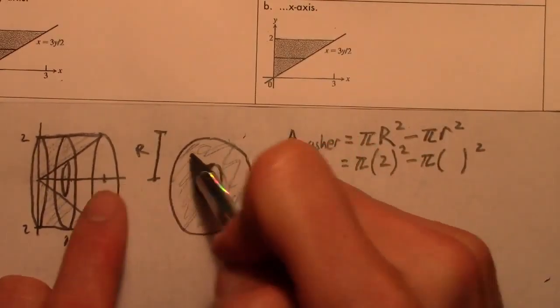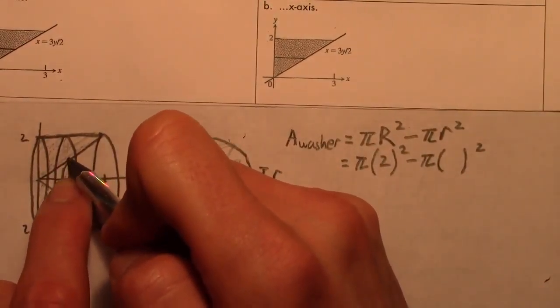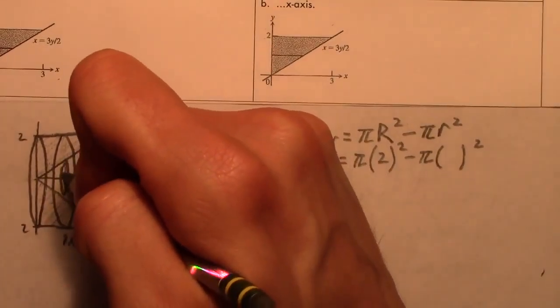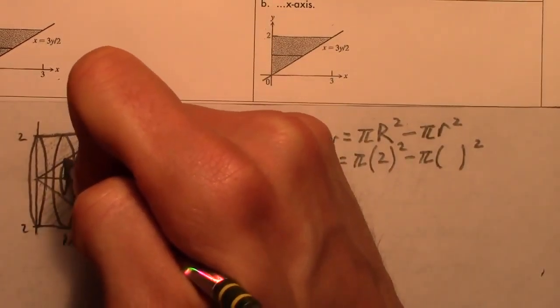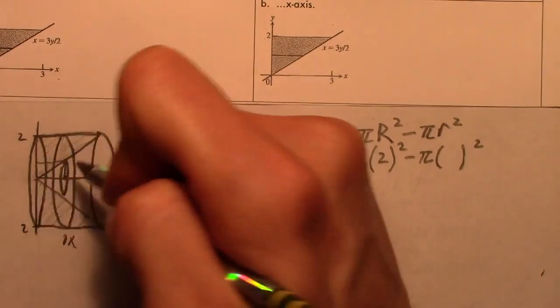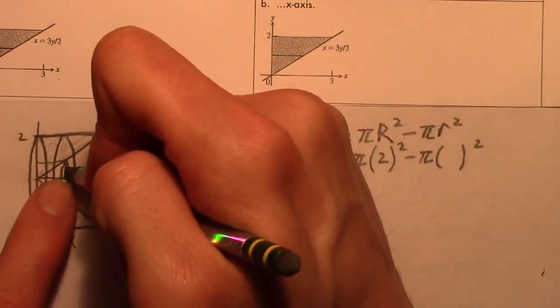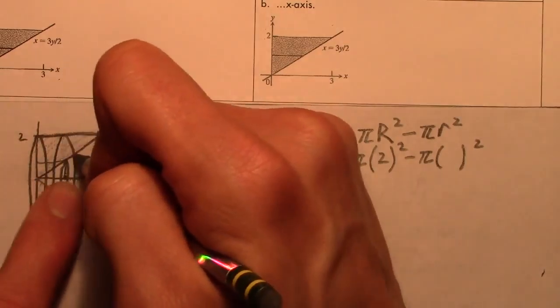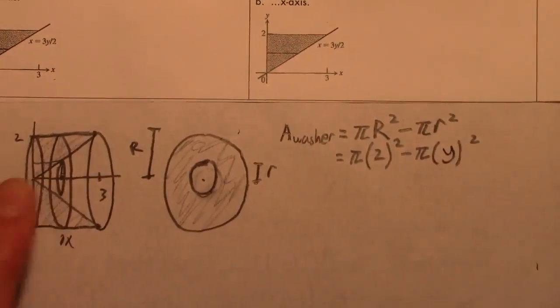The little radius from the x-axis up is up to the curve. So the radius here, from the x-axis up, is actually the y value. So the small radius is actually the y value. So it'll be pi y squared.